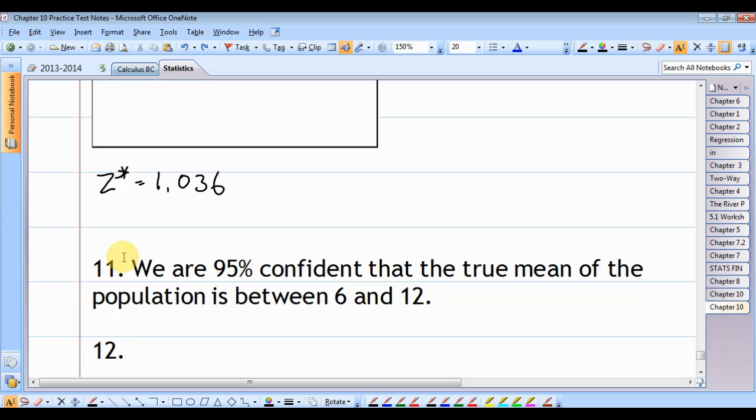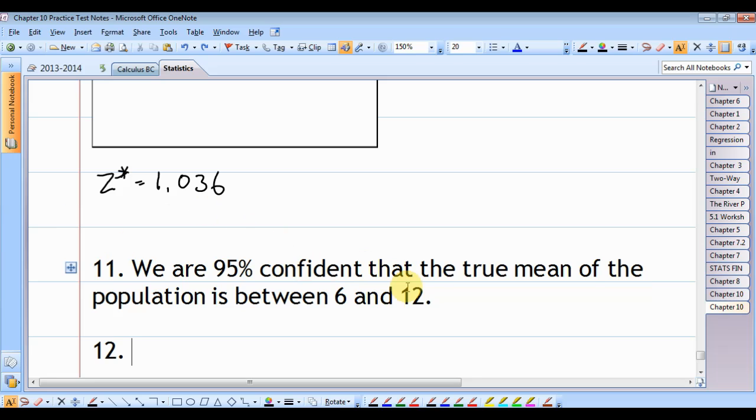What's the difference between like 11 and 7? Not much, really. It's still an interpretation of the confidence interval.